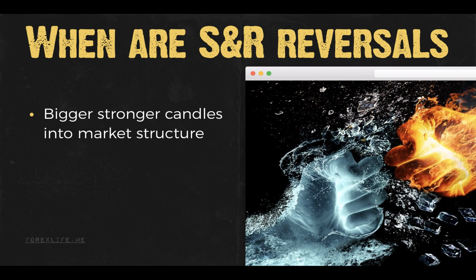You see these big candles getting there and then being rejected. That is normally a good sign that they are actually reversal points. When you see these big rejection candles, there's a bigger chance that these support or resistance lines are actually reversals.